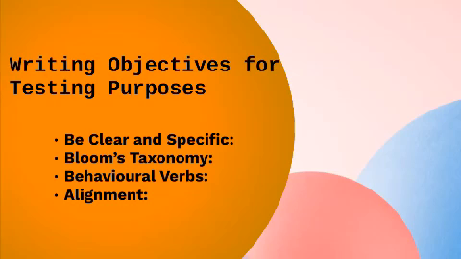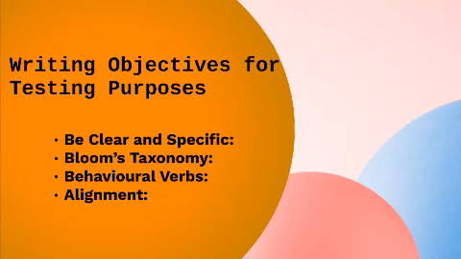Point number 2, Bloom's taxonomy. Consider the cognitive levels outlined in Bloom's taxonomy, such as knowledge, comprehension, application, analysis, synthesis, and evaluation. Objectives should reflect the intended level of students' understanding.